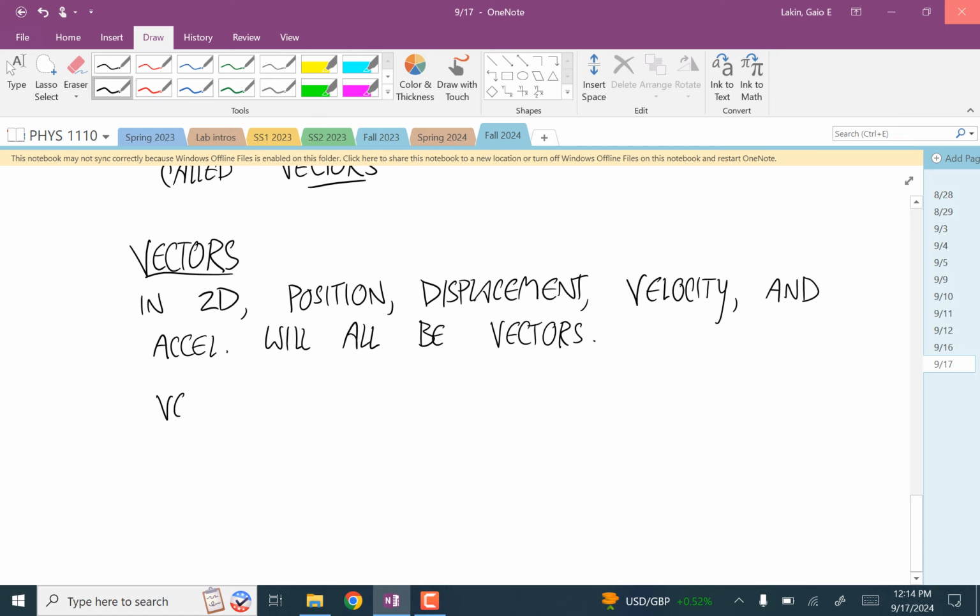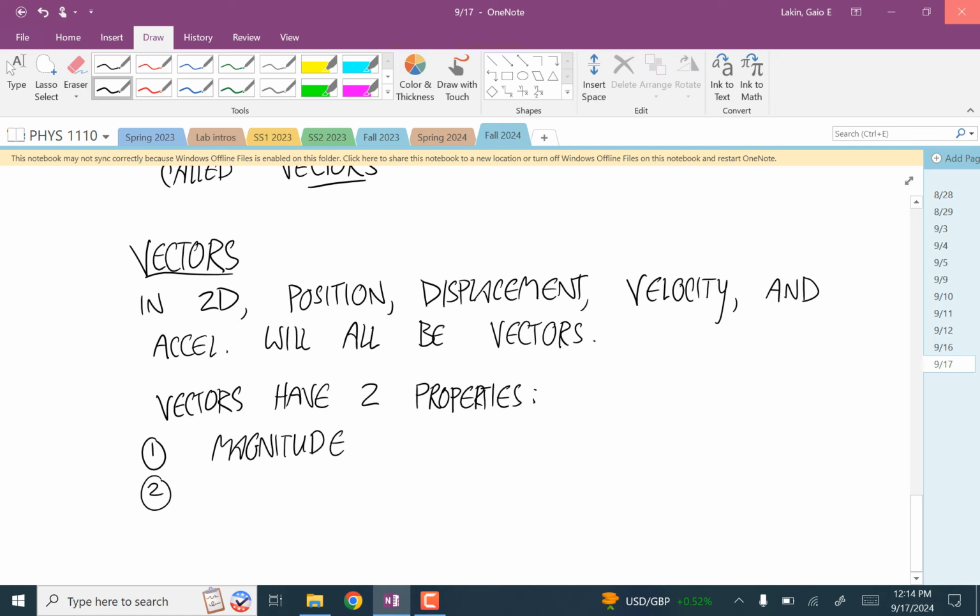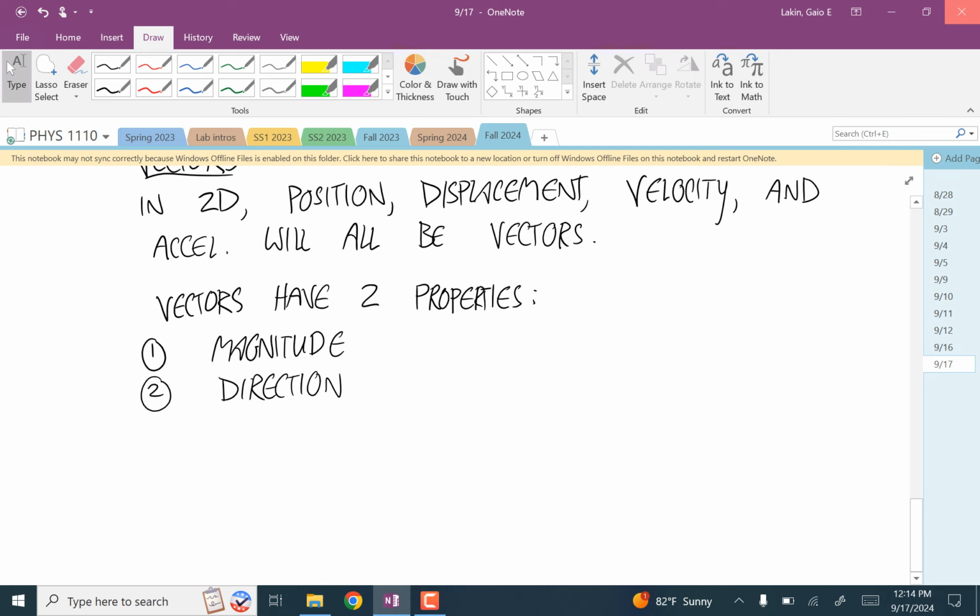Vectors have two properties. The first one is magnitude. And the second one is direction. And vectors can always be represented by an arrow.